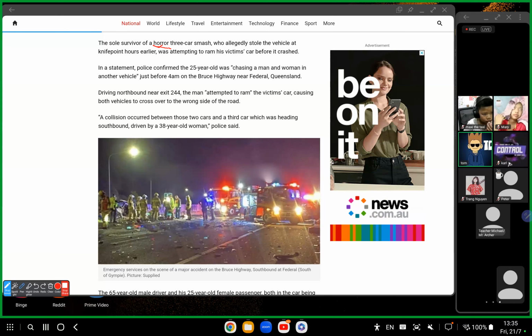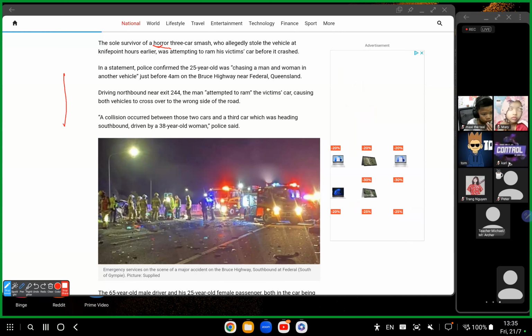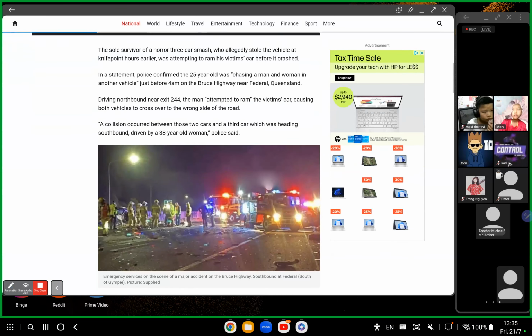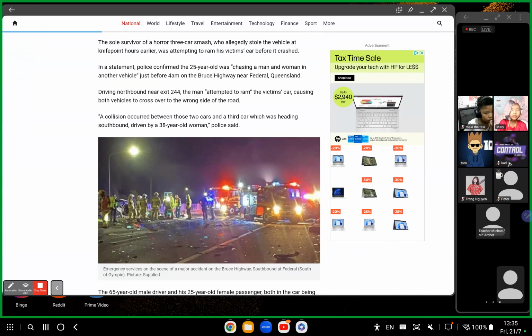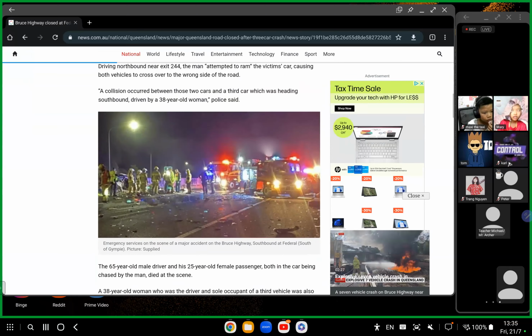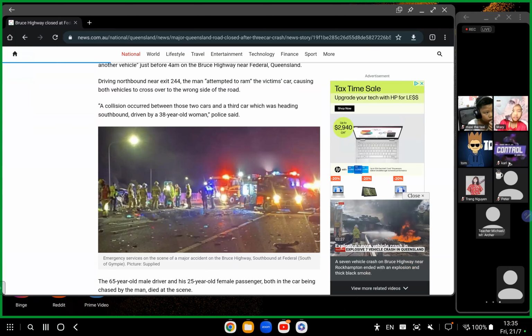So apart from the use of the word horror so far, we haven't really got much powerful language here yet. Attempted, no, that's not emotive or powerful. That's just saying that the person tried to hit the car with his car.